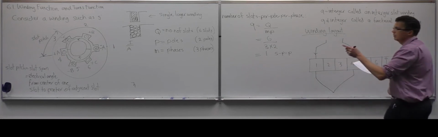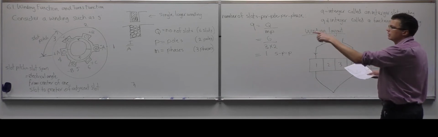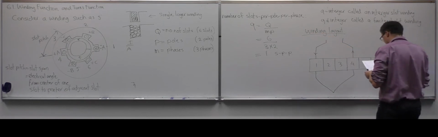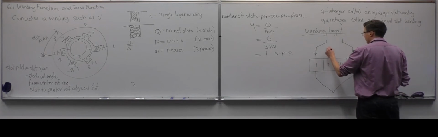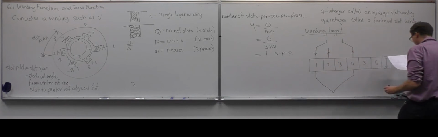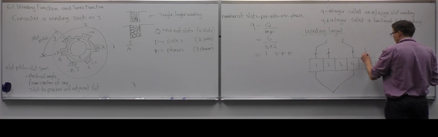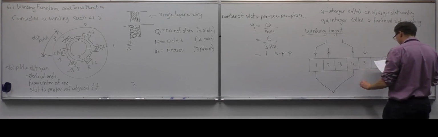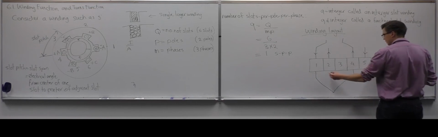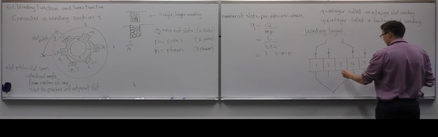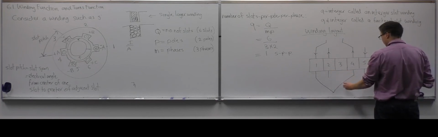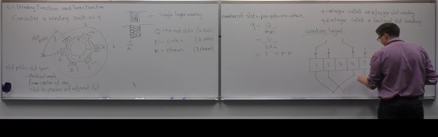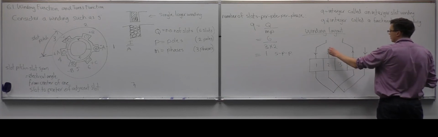Now B is going out of slot 2 and coming in slot 5, so we have it coming out here and going in here like that, and this is connected around here.